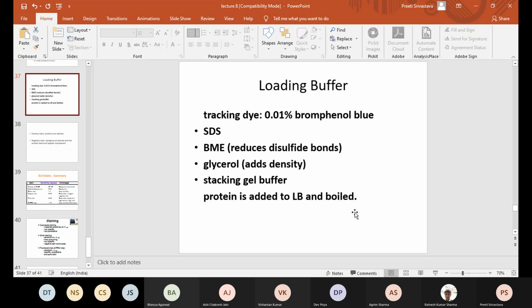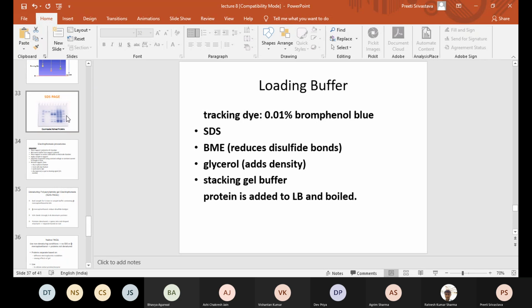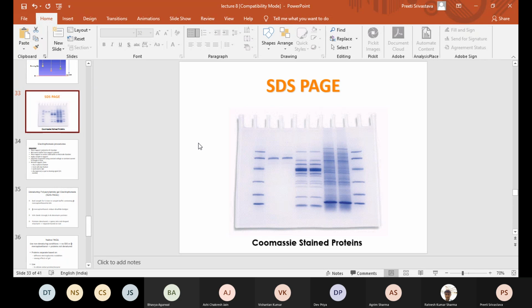I'm coming to that. So bromophenol blue, students, is used as a tracking dye because of its size. Bromophenol blue has a very small size, and therefore when we load it and it runs, you can easily see, if I open the gel image over here, almost at the end, around the 9 or 10 kDa band, the bromophenol blue.